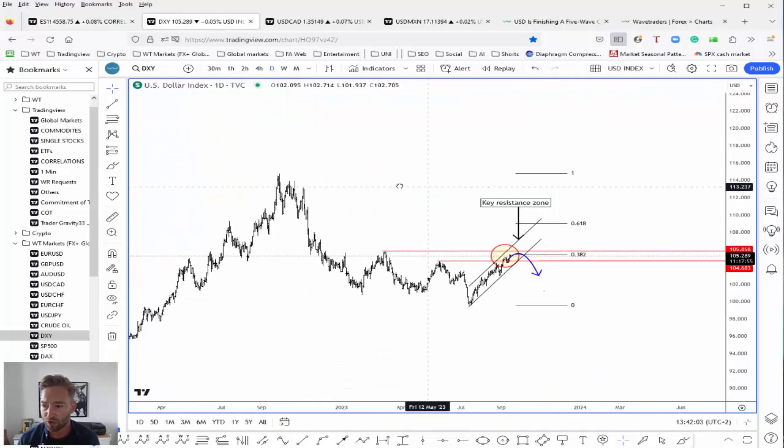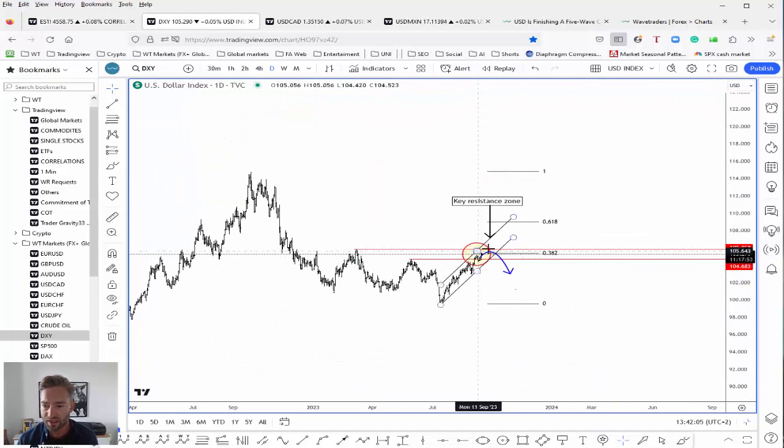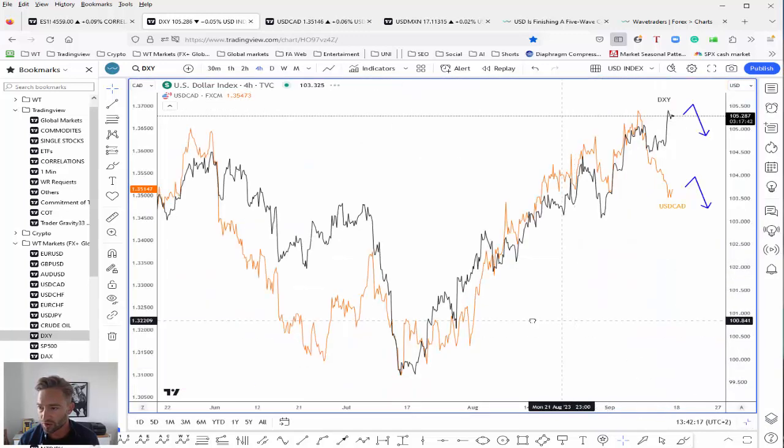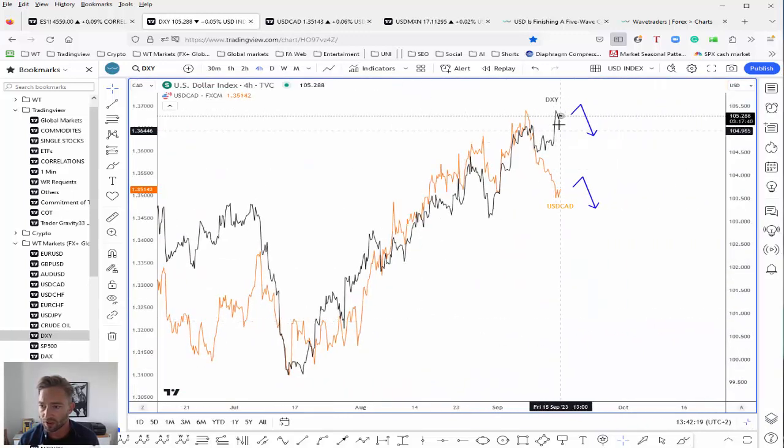So here we have dollar index, as I said, into this resistance area. We will talk about more subdivisions in our webinar on Monday. So definitely very strong resistance area here. And since I mentioned this correlation with CAD, notice what is going on here. Dollar index is moving to the upside, but dollar CAD is coming to the downside.